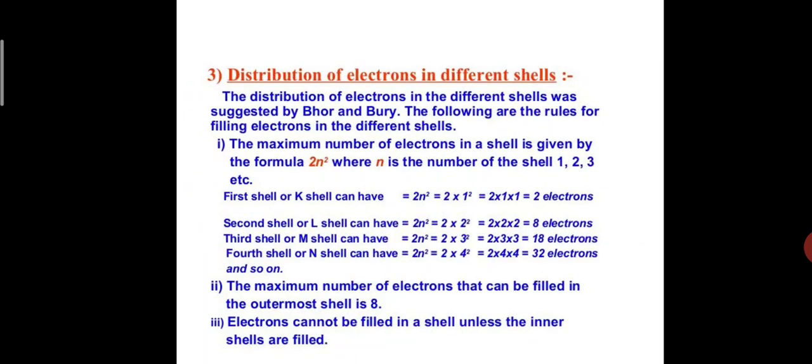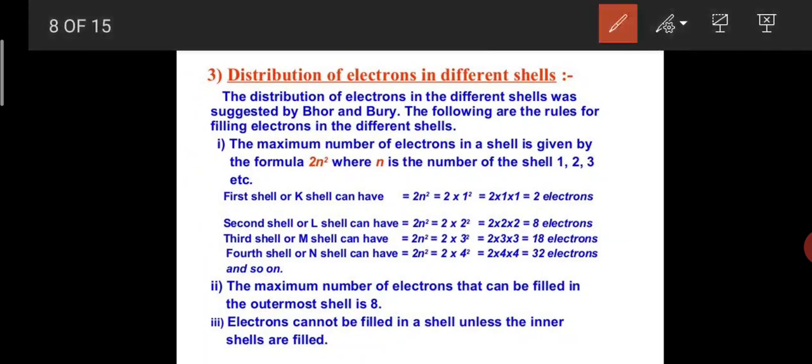The distribution of the electrons in various shells of an atom is known as electronic configuration. What do you mean by electronic configuration? You can note down: the distribution of electrons in different shells of an atom is known as electronic configuration, and it takes place in such a way as to achieve the maximum stability for the atom.